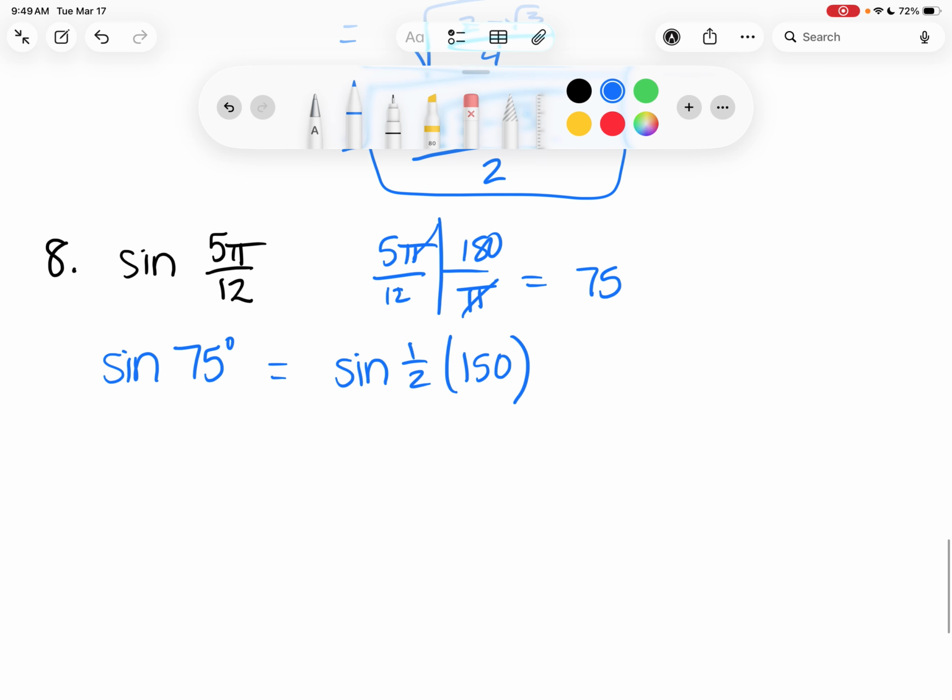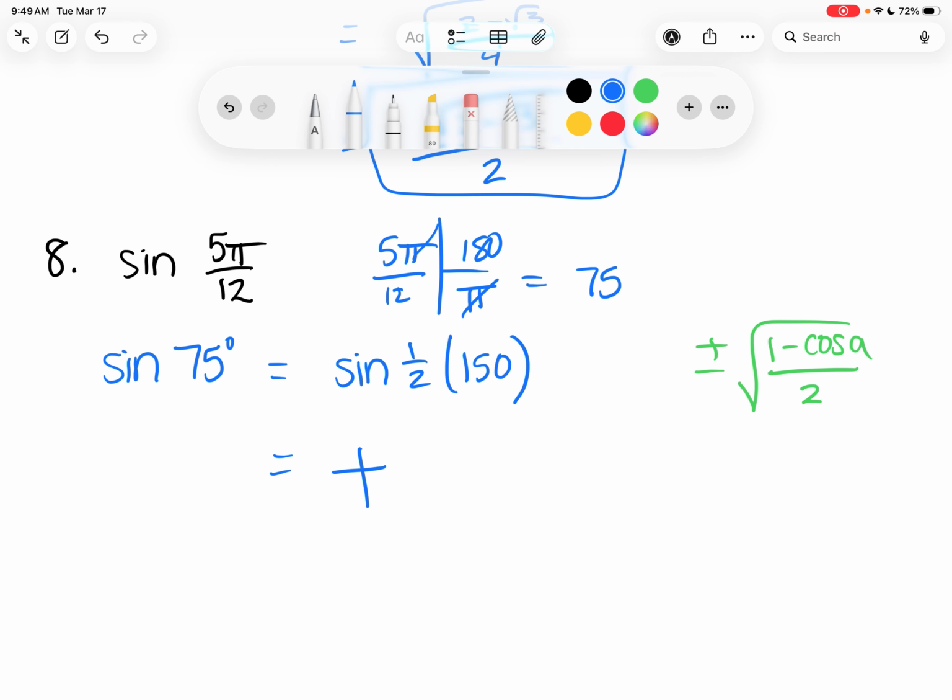And so then we have the formula for this one. We haven't written sine yet. Plus or minus the square root of 1 minus cosine of A over 2. I picked the right one this time. Is the sine value of 75 positive or negative?